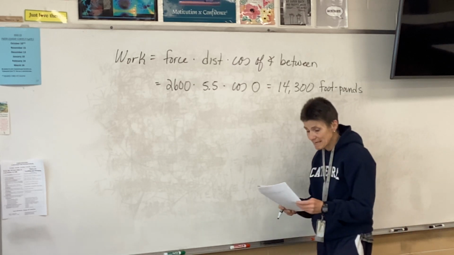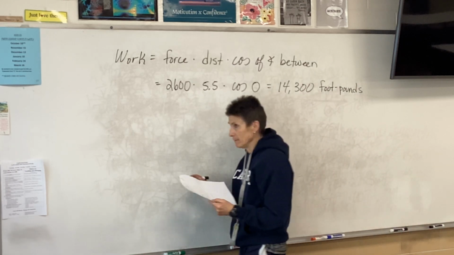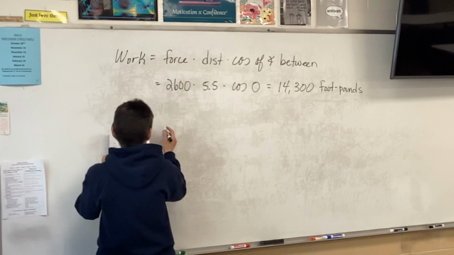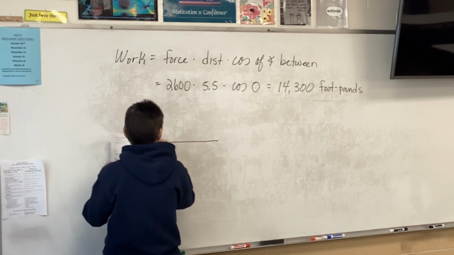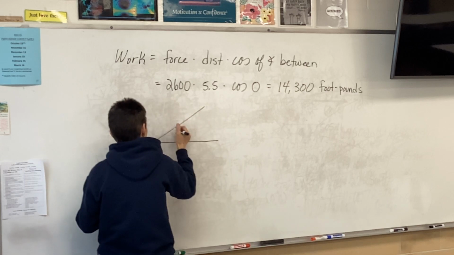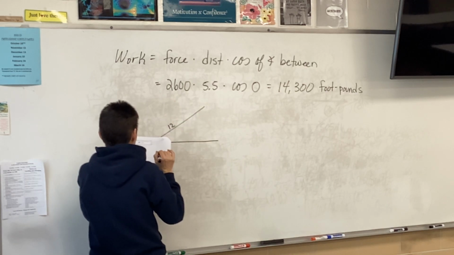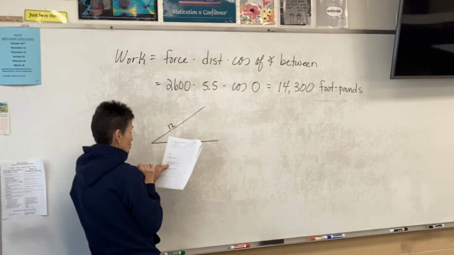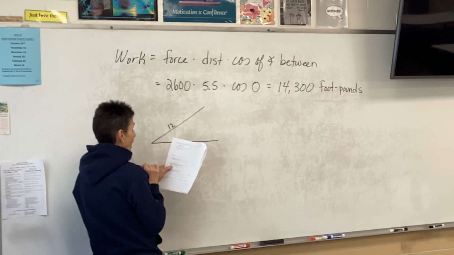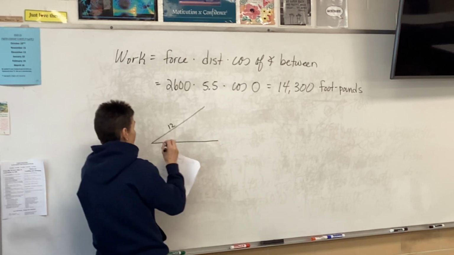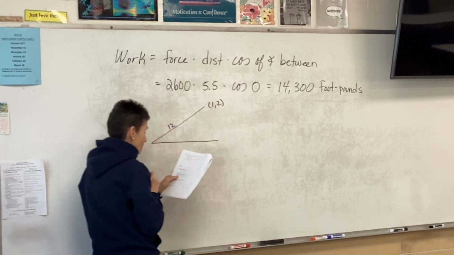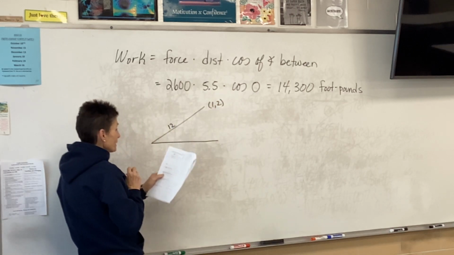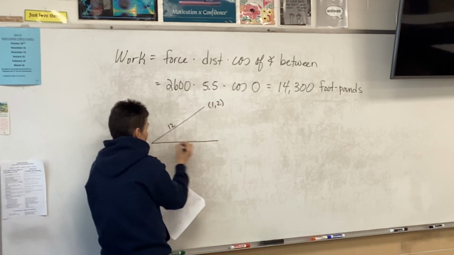Now, problem 7 is a little different, because problem 7 says, I have a force of 12 pounds acting in the direction of 1, 2. So my force, I'm going to just put 1, 2 here, and I'm going to move it 4 feet horizontally.